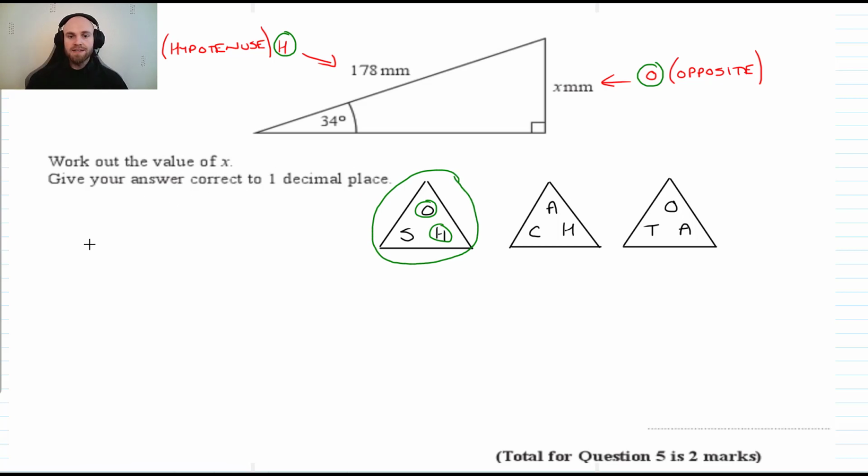So it's going to be sine 34 equals the opposite over hypotenuse. So the opposite is going to be x. The hypotenuse is going to be 178. And to get x on its own here, we need to multiply both sides by 178.